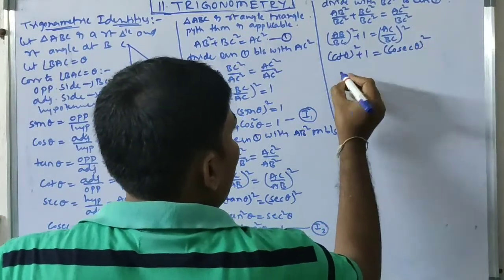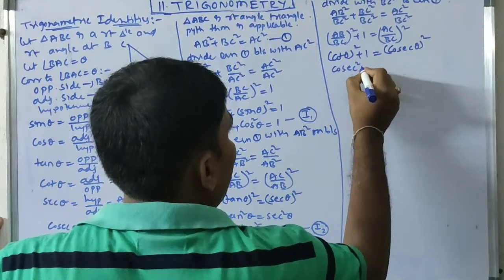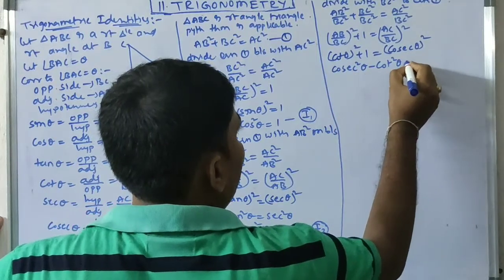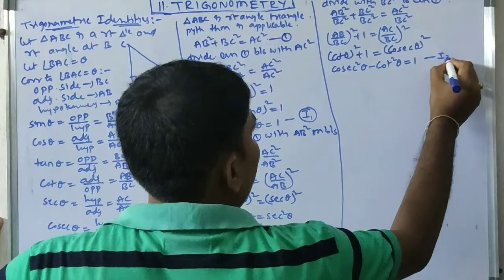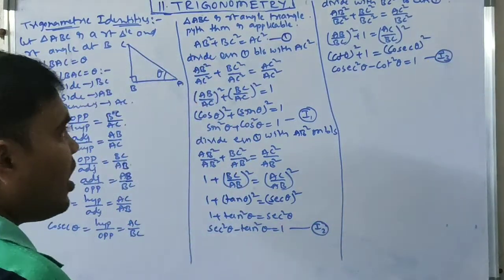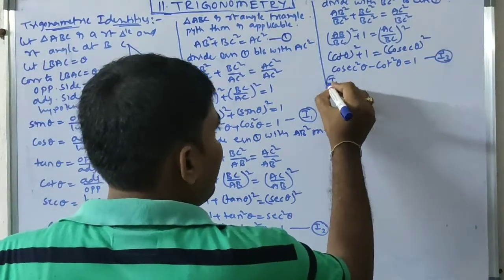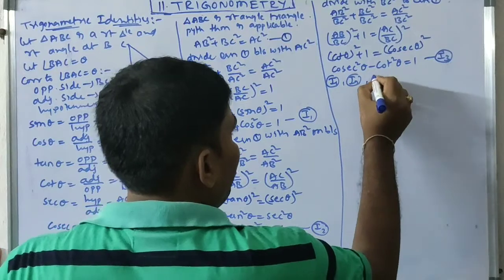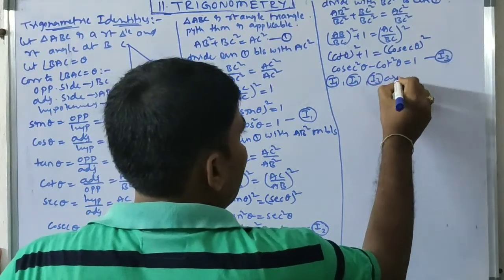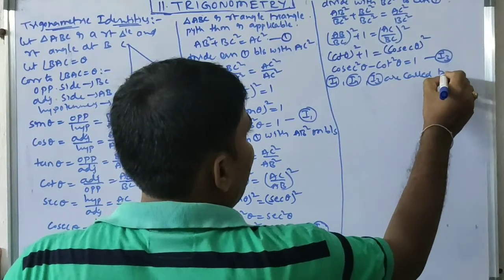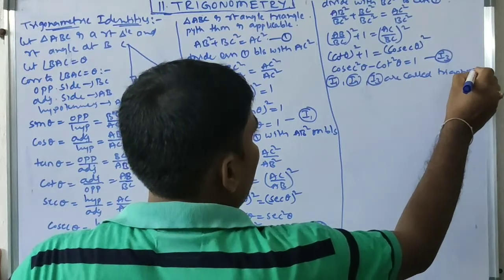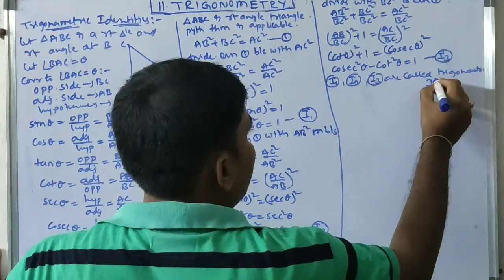Bringing cot theta whole square outside, cosec square theta minus cot square theta equal to 1. Identity 3. So identity 1, identity 2, identity 3 are called trigonometric identities.